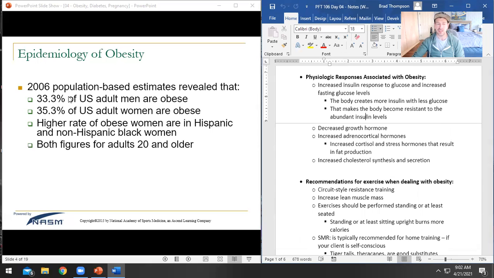Population data reveals that about 33% of U.S. adult men are obese. We're seeing about 35% of U.S. adult women are obese. And we do see a higher rate of obesity in Hispanic and non-Hispanic Black women. Those are much more common.